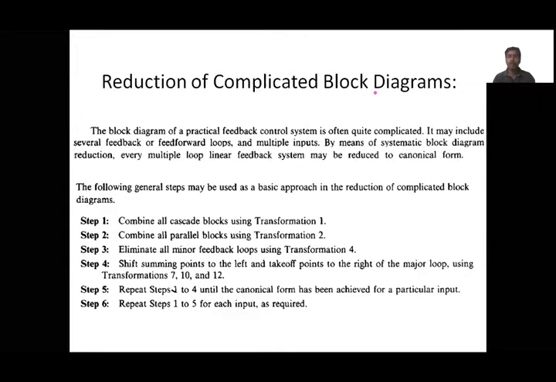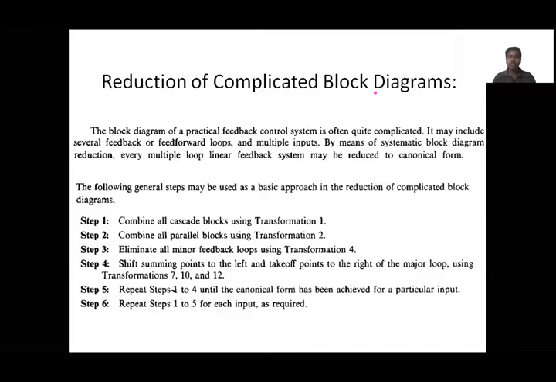And also we have to combine or eliminate the feedback loops wherever they are in the system. So overall, the first three steps are to eliminate the cascade blocks, parallel blocks and feedback loops. We have to start with these steps in the reduction process.